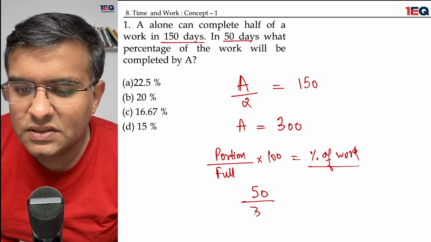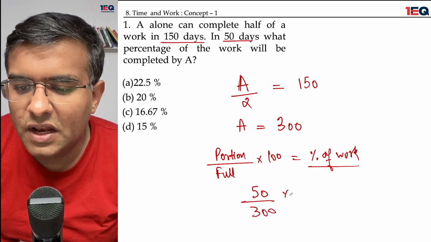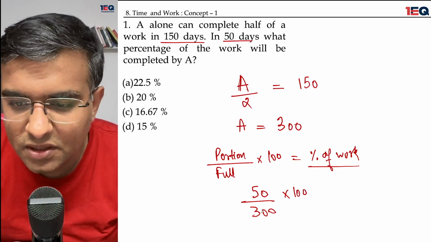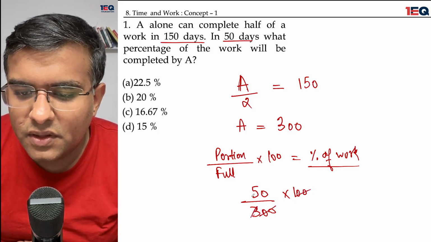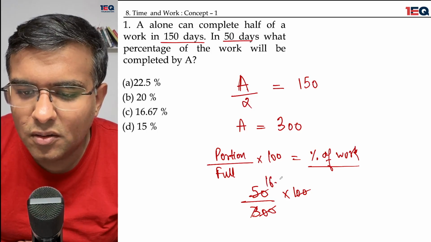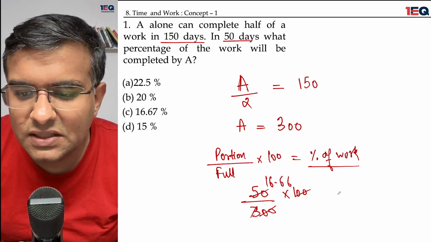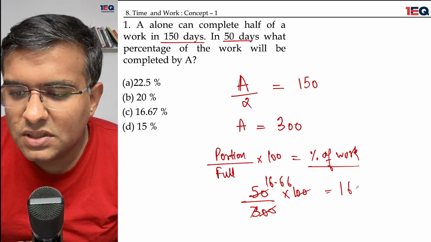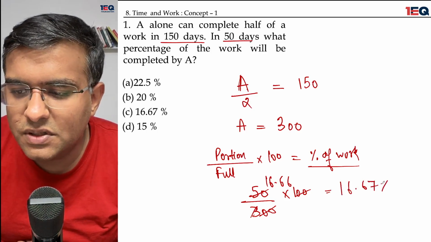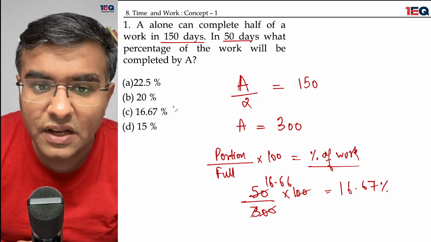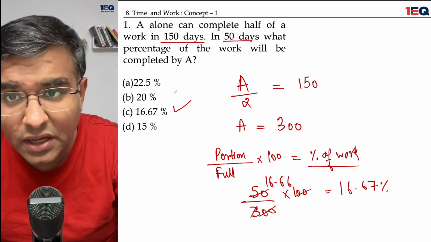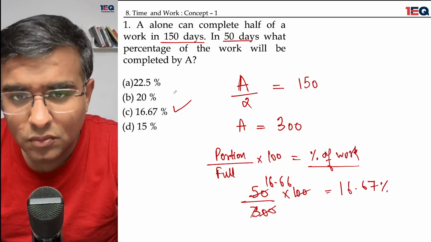The full work takes 300 days to complete. When I multiply it by 100, this would give me the percentage. 3 16s are 48, so 16.67% is my final answer. Right? Good to go. Moving on.